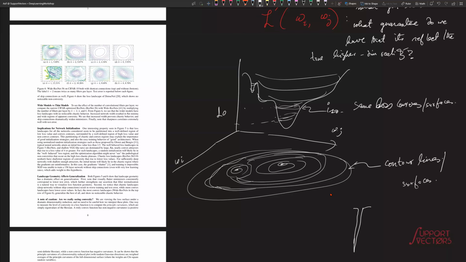How do you know that something is truly a minima versus an artifact of the sample of data you're training with? When it is a little stable. Yes, you want stability. A broad minima and a deep minima, both together, give you confidence that you're looking at the real minima.